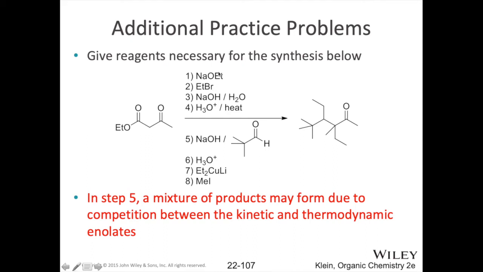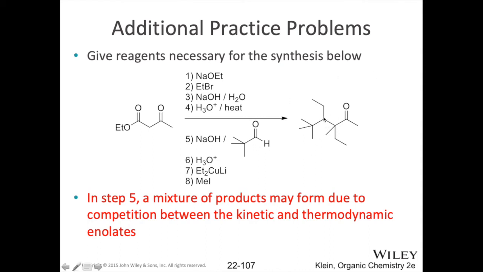So in the first step, we've tacked on an ethyl group over here, right? And basically, we can then tack on the rest of this molecule through an aldol condensation followed by a Michael reaction followed by a nucleophilic substitution.